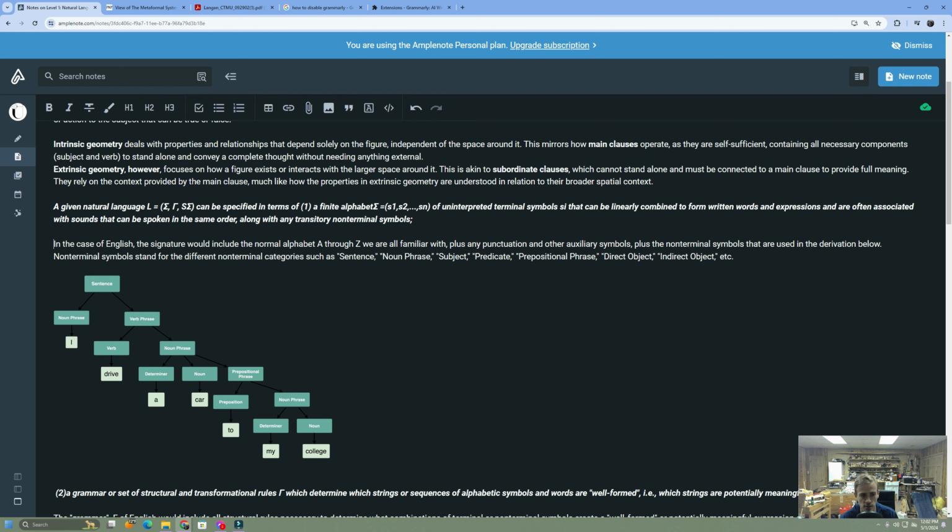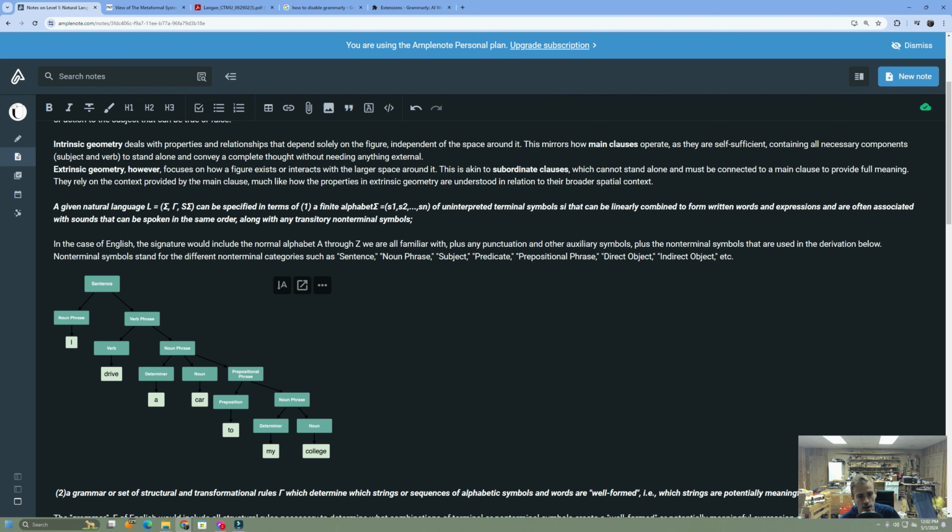In the case of English, the signature would include the normal alphabet A through Z we are all familiar with, plus any punctuation and other auxiliary symbols, plus the non-terminal symbols that are used in the derivation, such as in this picture that I've included here.